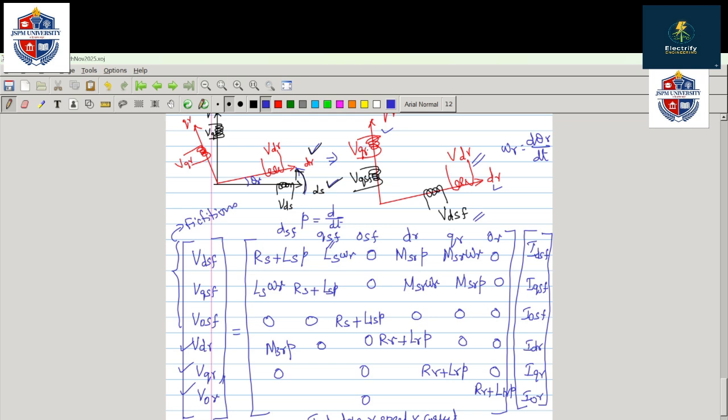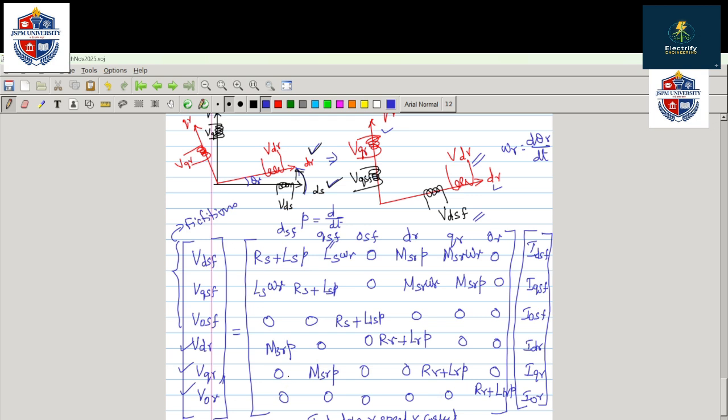Both are in the same axis. So automatically we will have the mutual inductance between stator and rotor in the di by dt. Then QR and DR are both perpendicular, so we have 0 value. Then V naught: we already know there is no other contribution. So all are 0. So this is the matrix.